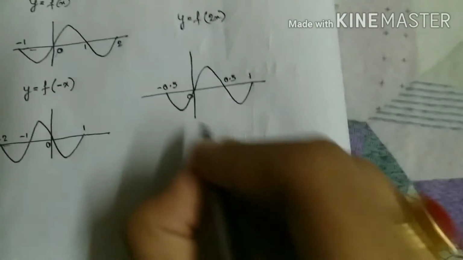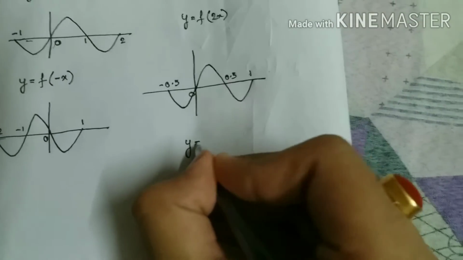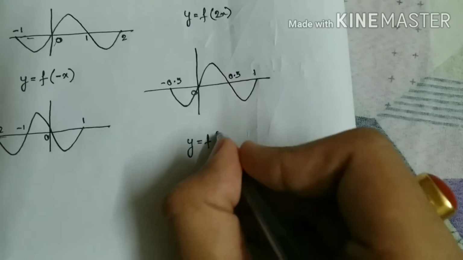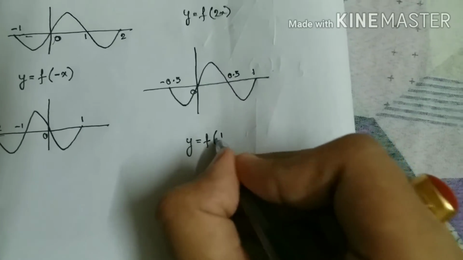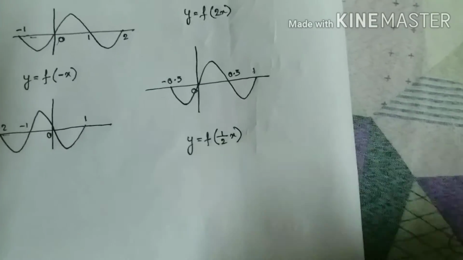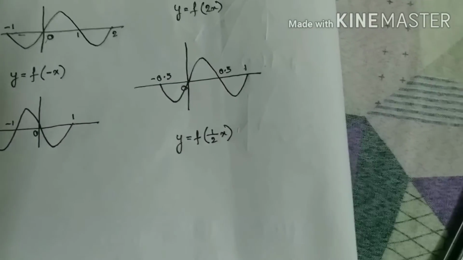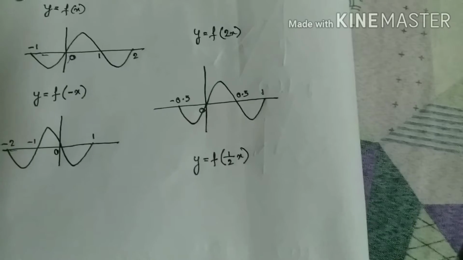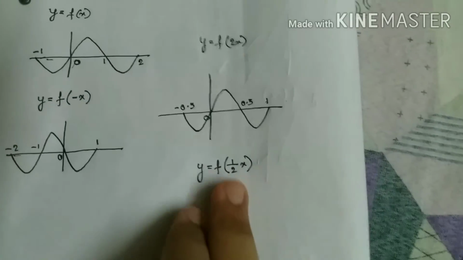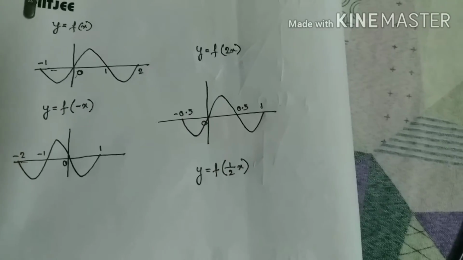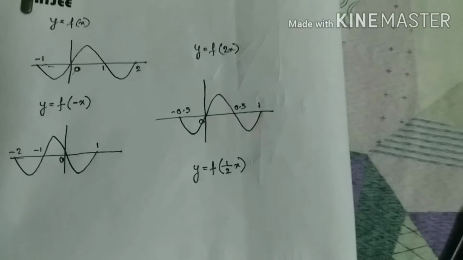Now if I ask you the graph of y is equal to f(half x), mod a is lesser than 1, that means the graph will get stretched along the x-axis by how much? By a factor of 2.